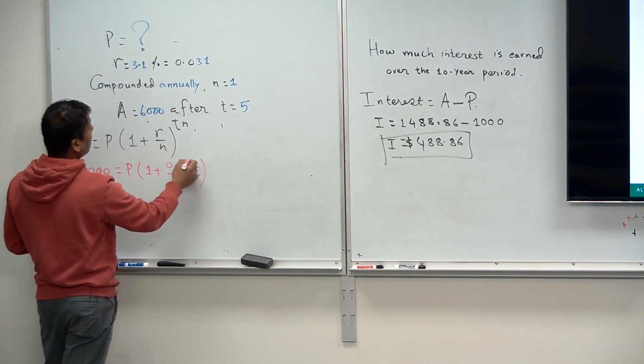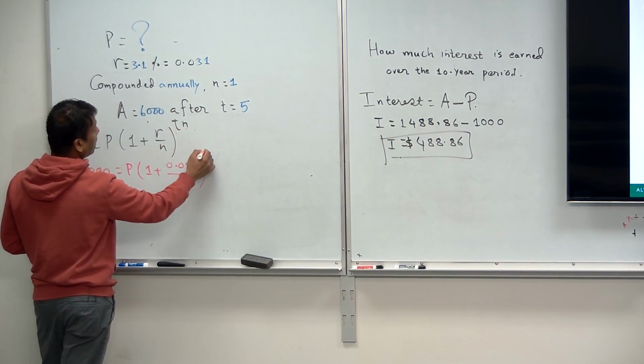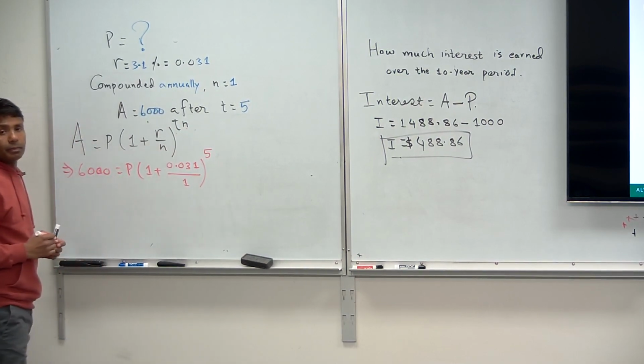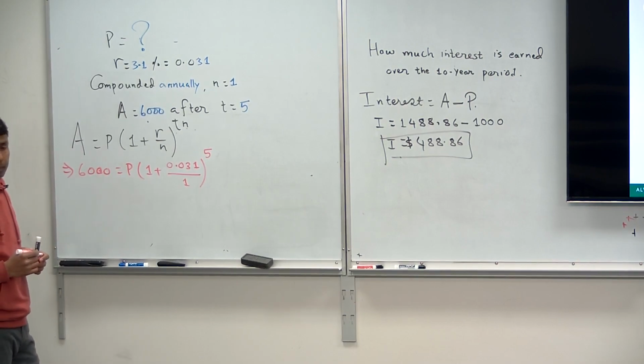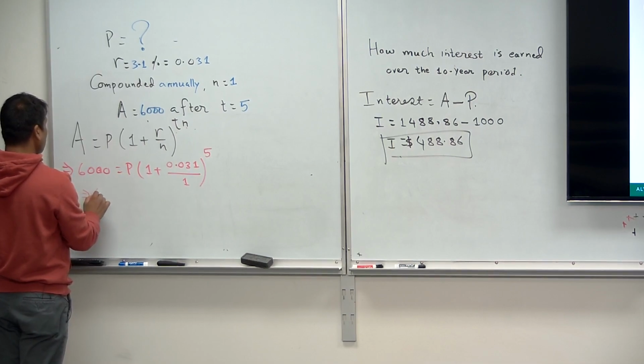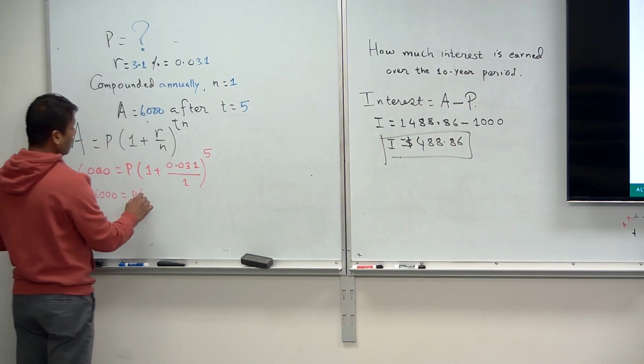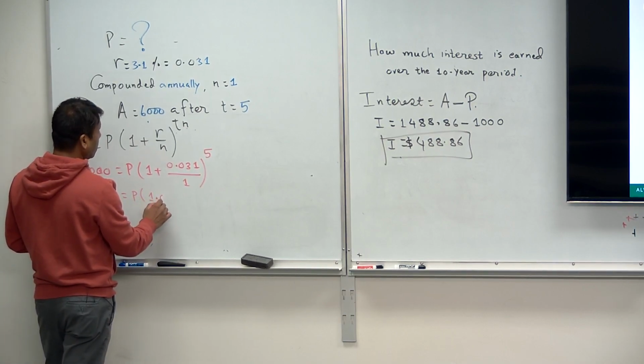And after 5 years, 5 times 1 is simply 5. So now it's going to be 6,000 equals P times 1.031 raised to the power 5.